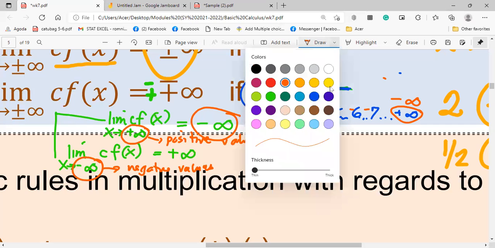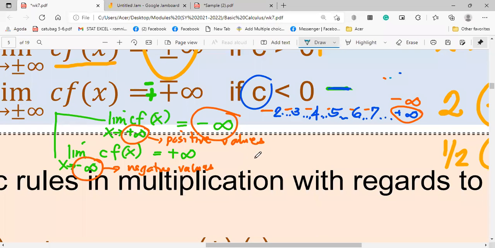Ito naman ang kwento ni negative values. You have negative 0.01, negative 0.0001, ganyan. You have 0, you have -1. Paano kung naglagay ka ng C that's negative? I-popositive niya lahat yan. There's no sign for 0. So meaning to say, positive infinity ang aasahan mong behavior ng f of x.